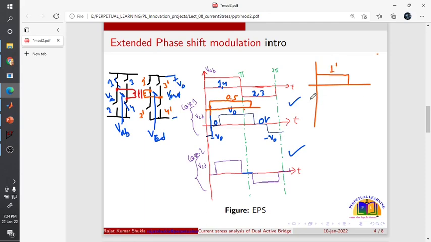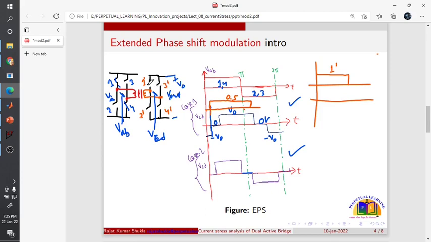Now, to introduce this 0 voltage, how is it possible? I have an option: switch 2 dash and switch 3 dash. Switch 2 dash and 4 dash are complementary switches of switch 1 dash and switch 3 dash, right?